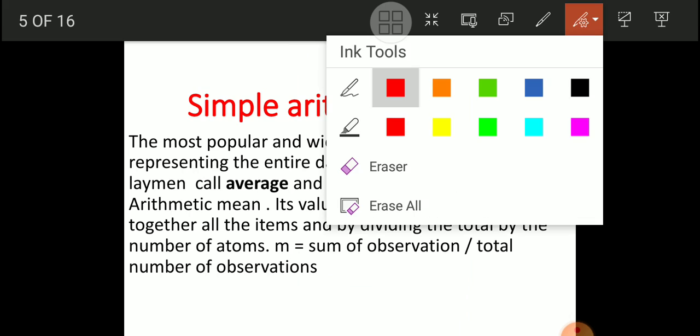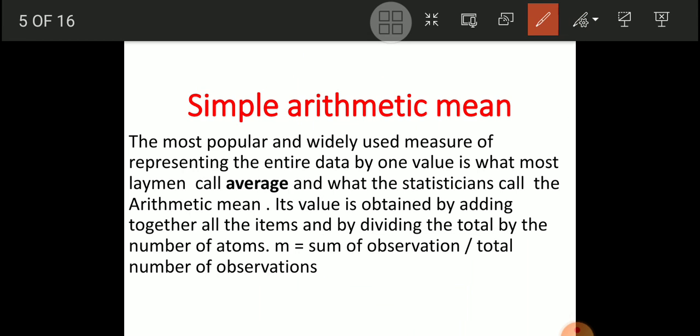Now we have to get an idea about the simple arithmetic mean. The most popularly and widely used measure of representing the entire data by one value is what a layman calls the average, and a statistician calls the arithmetic mean. Now, how to calculate the simple arithmetic mean?